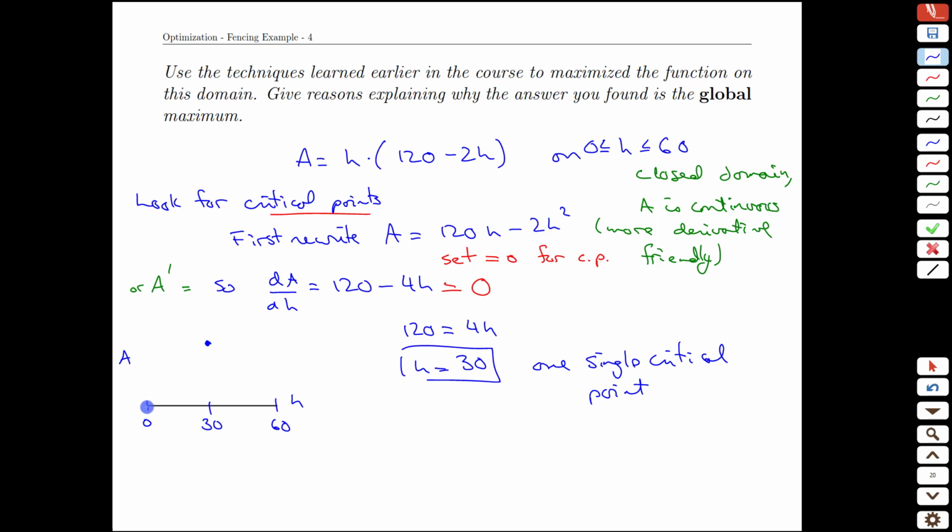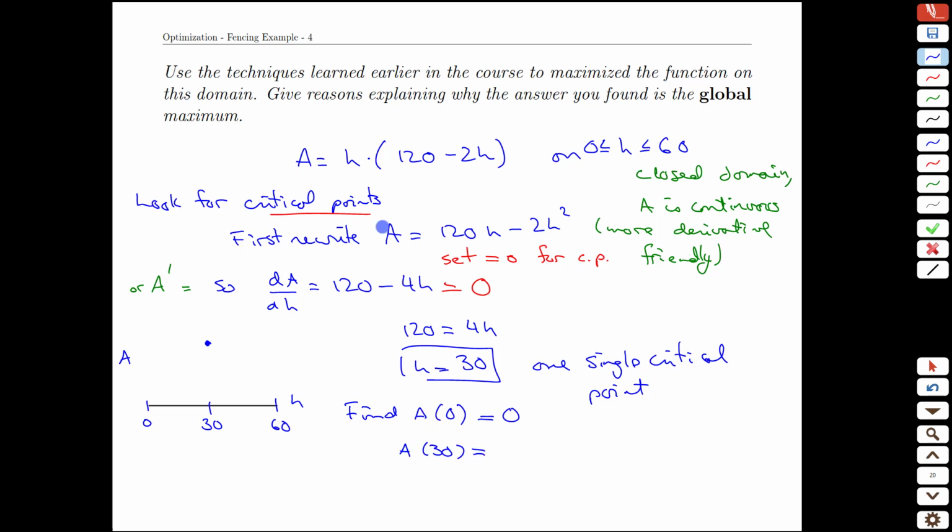And what we can do is figure out the area when h equals 0, the area when h equals 30, and the area when h equals 60, and the highest one of those is going to be the optimal area. So we're going to find the area when h is 0. We can plug it into this formula up here, and we simply get 0. So when there's no fence length vertically, we get 0 area. We could have predicted that.